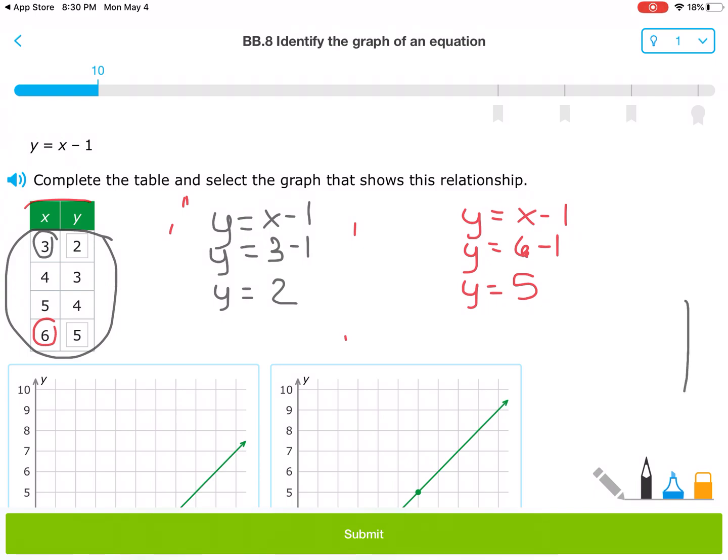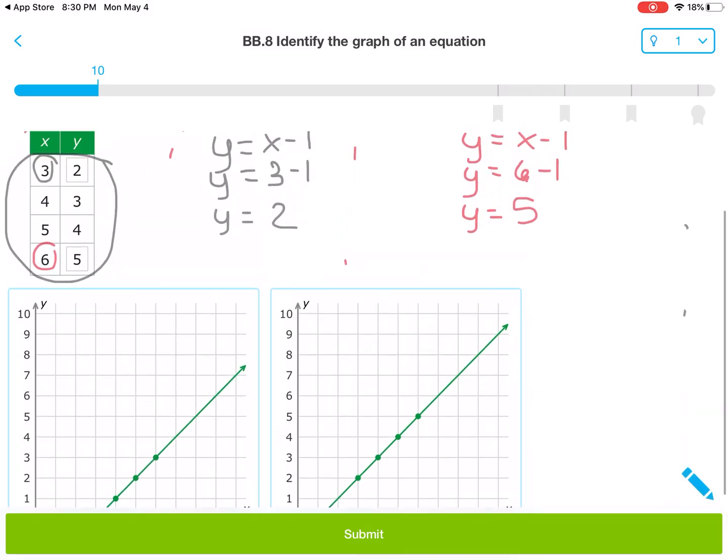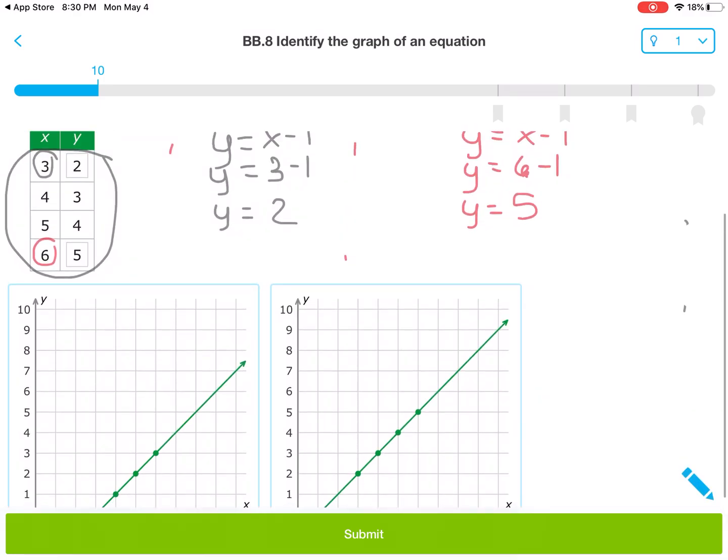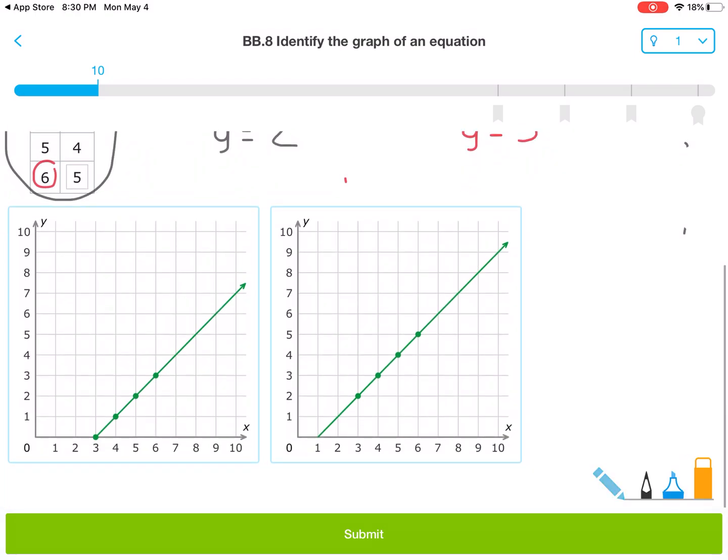So looking at my graphs down below, I want to see which one matches. So if I look at my first point, 3, comma 2, that means I'm going over 3, up 2. So it can't be here because that's 3, comma 0. But if I look at my second graph, I go over to 3 and I go up to 2. I see 3, comma 2. I'm just going to check my other points to make sure that they fit correctly.